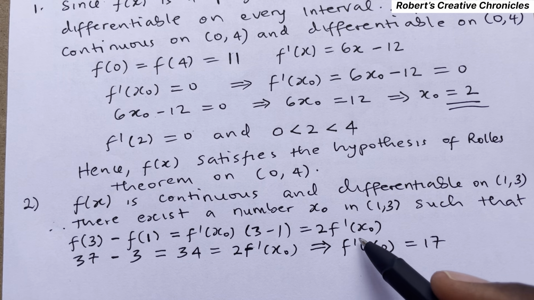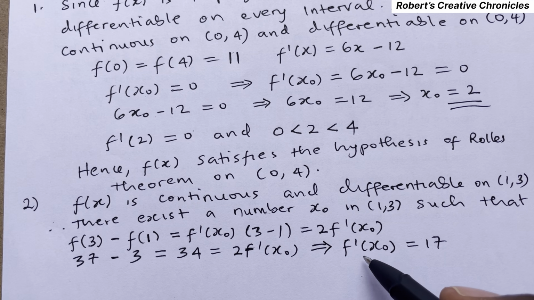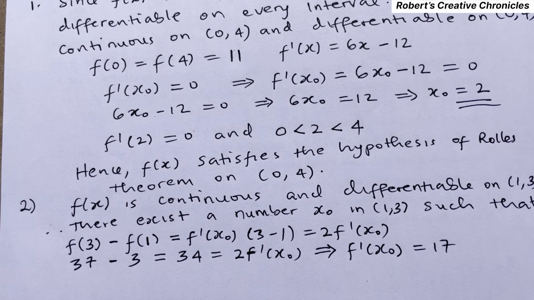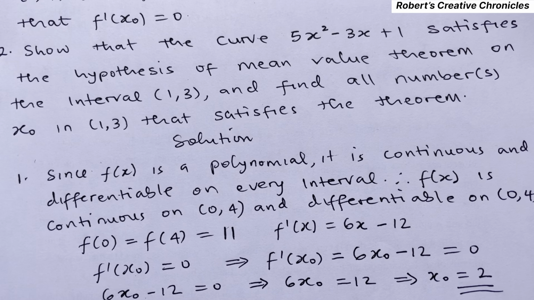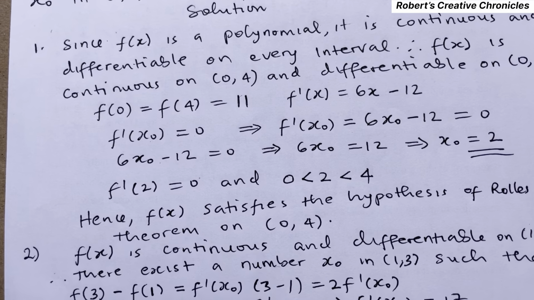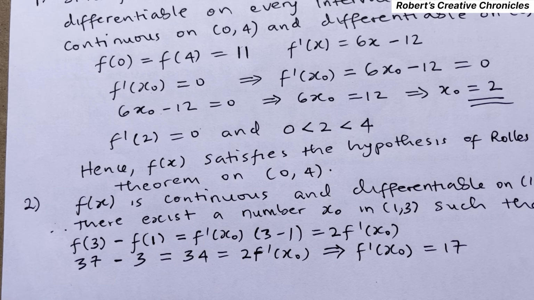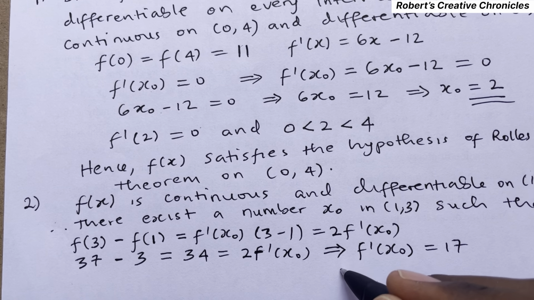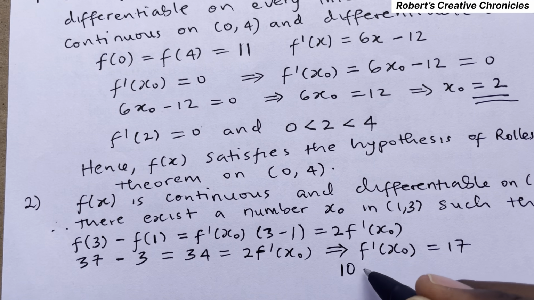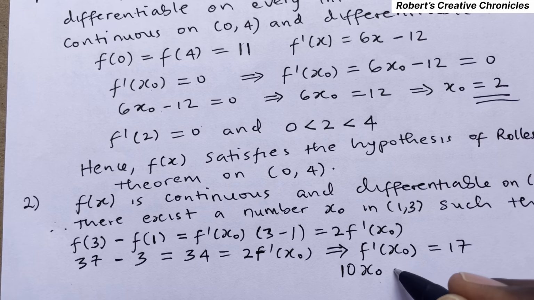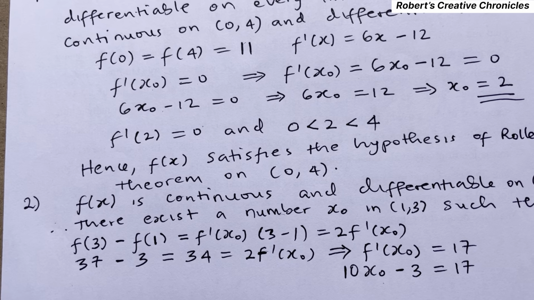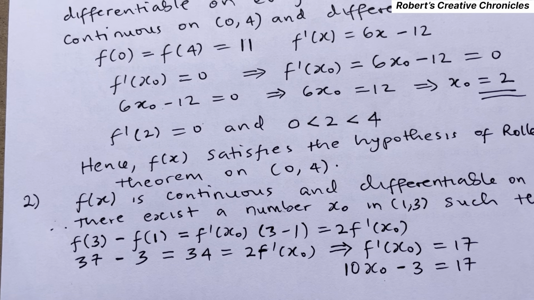Now we have to differentiate the original function, express the x in terms of x0, and then substitute it into this equation. The derivative of the original function is 10x minus 3. So this becomes 10x0 minus 3 is equal to 17. So we can take this to the other side.